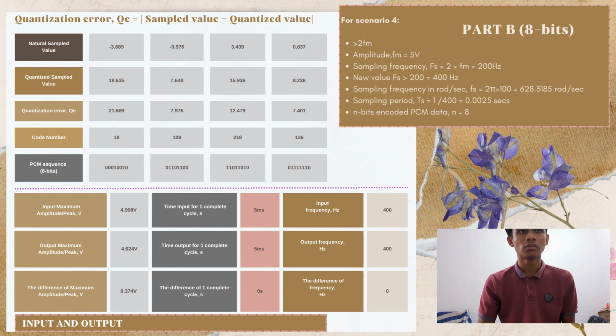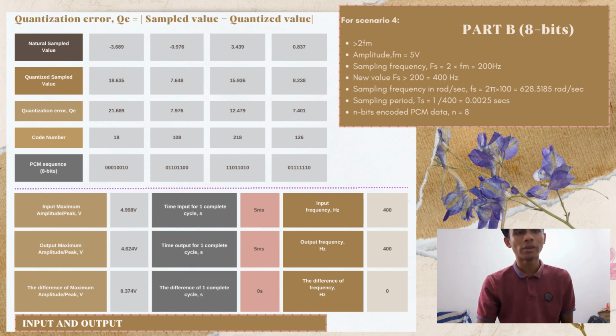And lastly, the code number 4 is 126 with the PCM sequence 01111110. And this is our input and output result, where the input maximum amplitude is 4.99x volt, and the output maximum amplitude is 4.624 volt.